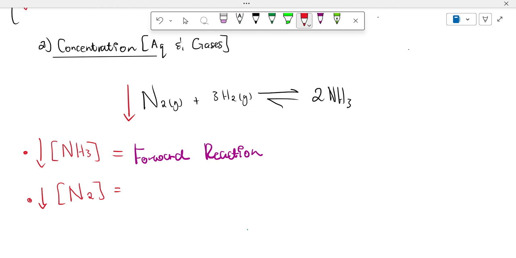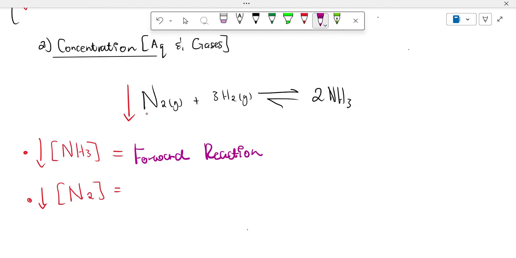So what will the system do? The system will try to counteract my decrease. So instead of doing anything else, the system will say, no, this person decreased N2, I will want to increase N2. I'm going to increase nitrogen gas. That means I need to increase on my reactant side.